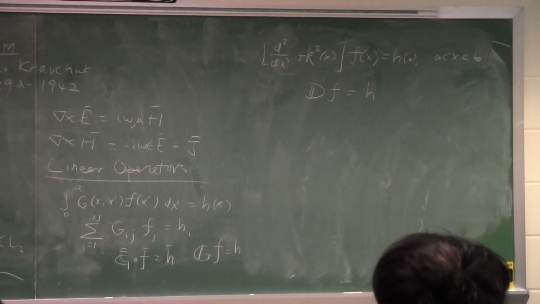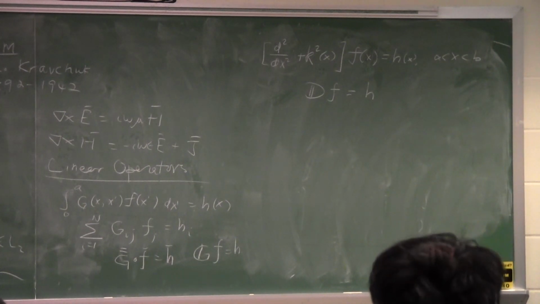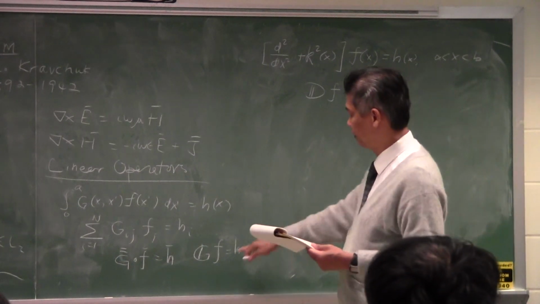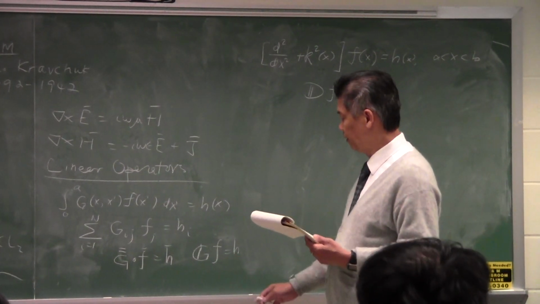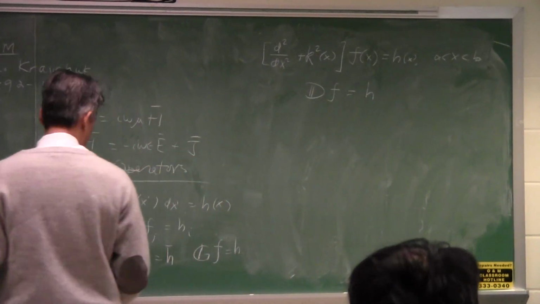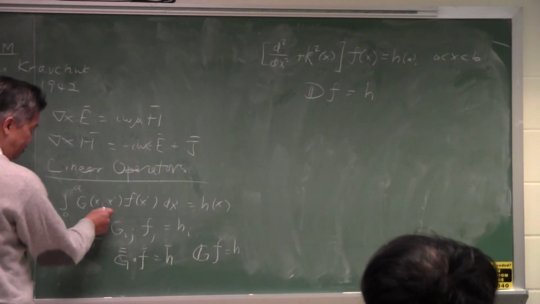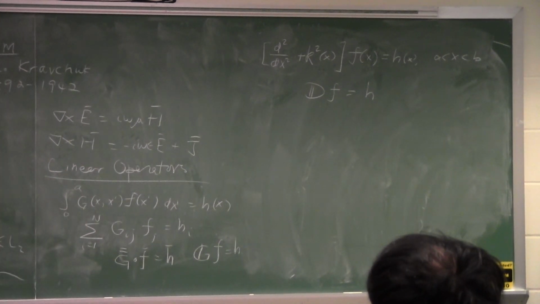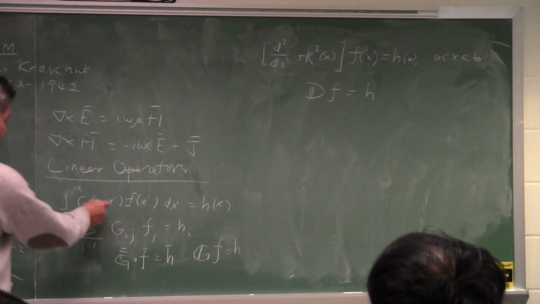Anything that you are not familiar with or would like to ask more questions about? So this is called a differential operator. This is called an integral operator. The difference between an integral operator and a differential operator is that integral operators involve points that are related by Green's functions, such as this one. So every point is related to every other point.